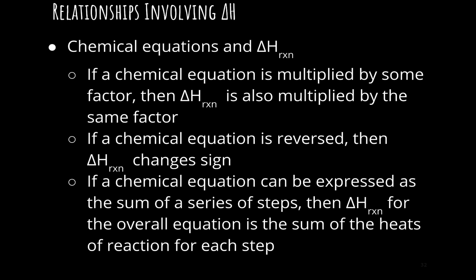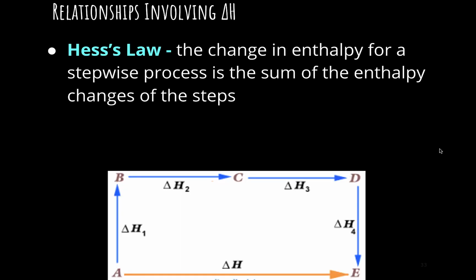Or if you can express the chemical equation as a sum of a series of steps or intermediate steps, then the delta H of reaction for the overall equation is the sum of all the heats of reaction for each step. So we're going to use something called Hess's law to determine the overall enthalpy of a reaction. Hess's law says the change in enthalpy for a stepwise process is the sum of the enthalpy changes of all of the steps.